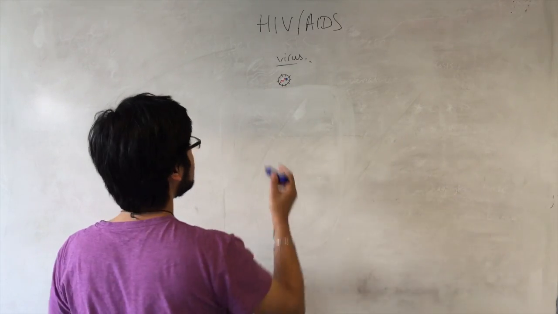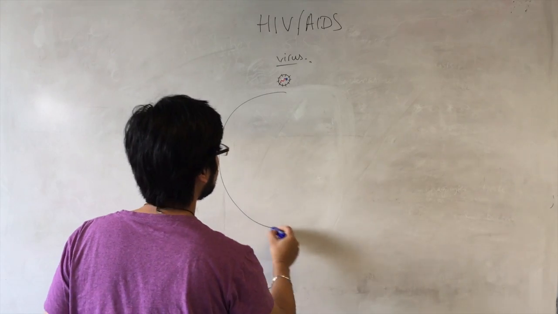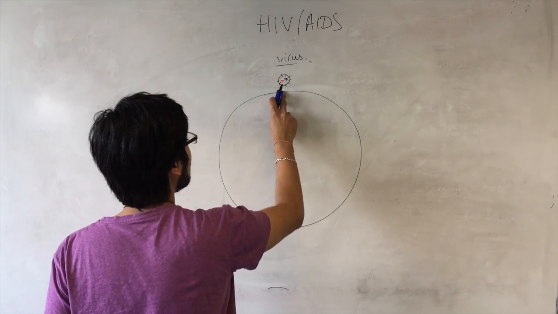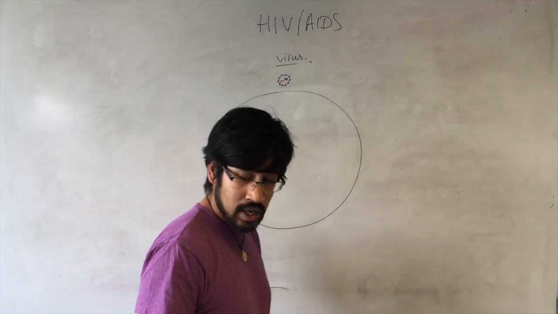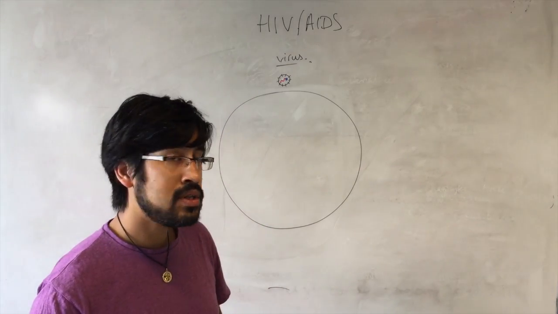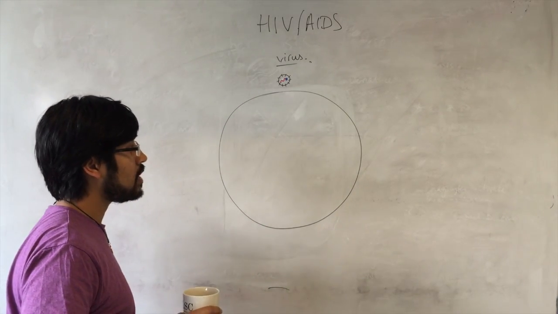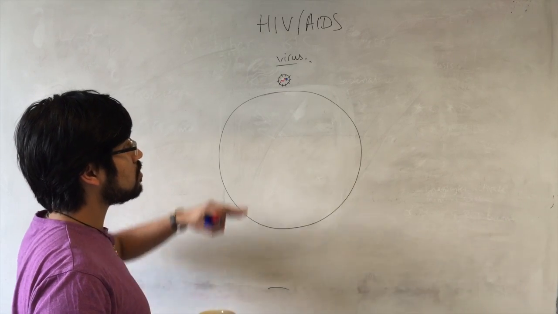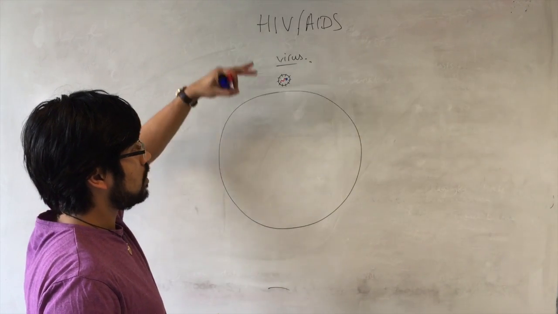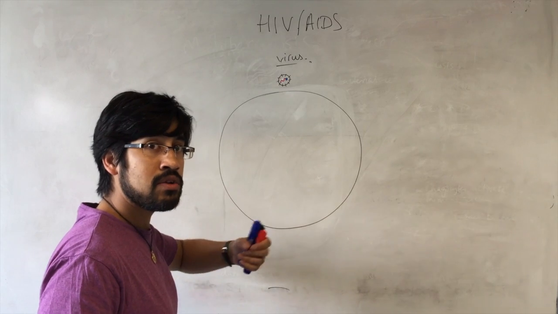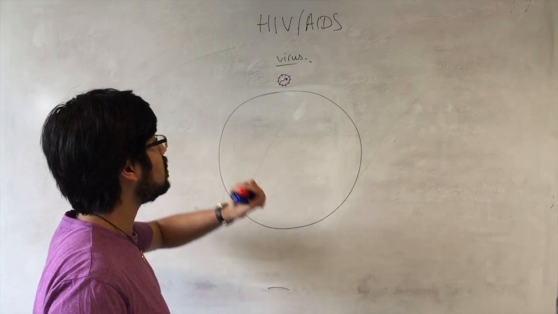HIV infects a particular type of human cell called the T helper cell. We encountered this cell in our section on immunity. It's the helper T cell, and it's responsible whenever the immune response is activated in response to a particular antigen.